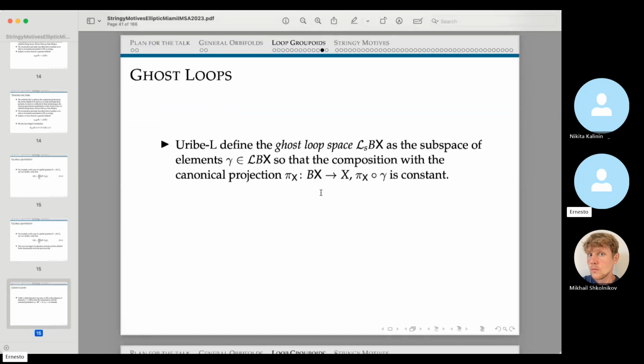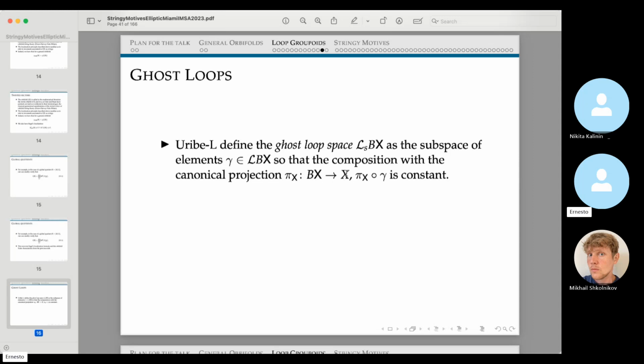So you can define the ghost loop space, as we did in a paper called Ghost Loop Space, of BX, the classifying space of the original category X, as those loops that project to a point in the quotient space of X. You know, there is this X, and on top of it there is this BX that is enormous.